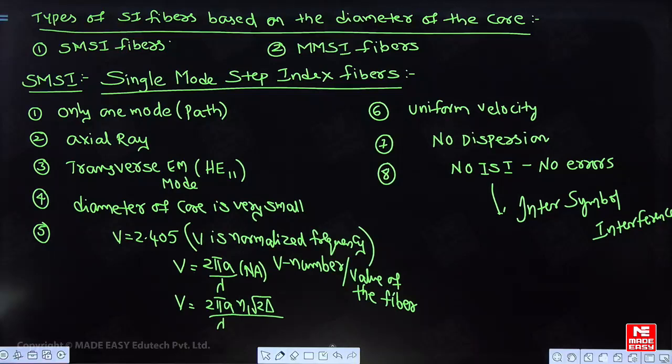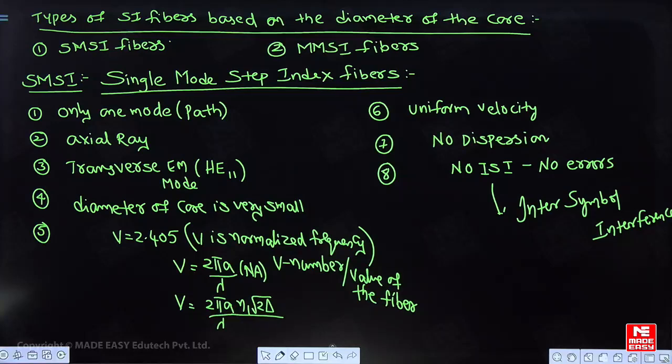Normalized frequency is nothing but a value that tells us about your fiber. By seeing V, you understand how much value the fiber has. It relates three things: first, the radius of the fiber core; second, delta or numerical aperture; and third, lambda, the operating wavelength.